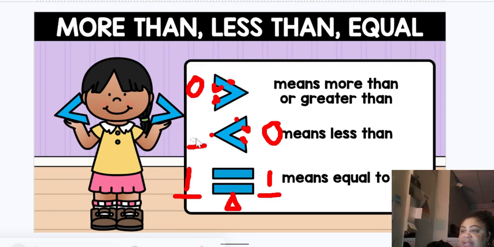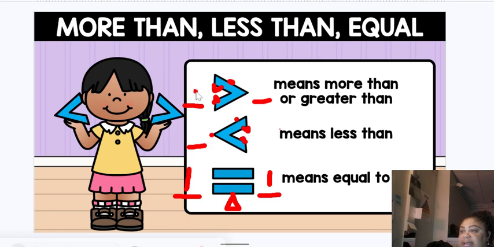Less than means the little number is over here and the alligator is going to eat the big number, okay? And the other one is the same, it is greater than, meaning the alligator is going to eat the big number on this side, okay?